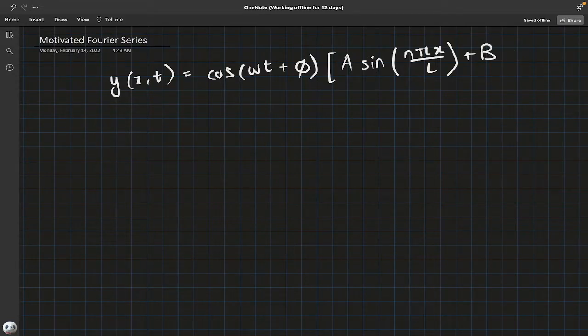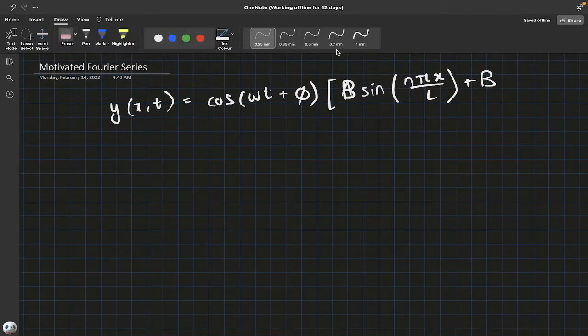Let me just be consistent with notation. So A here and B over here and A over there.